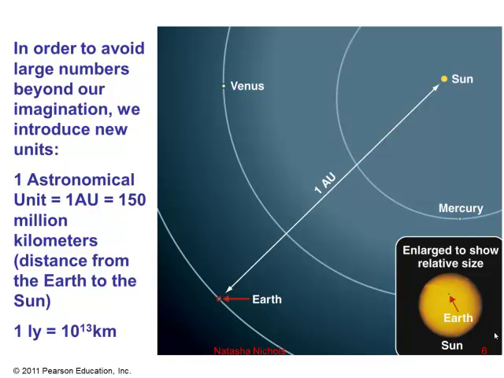So 1 AU is a lot smaller than 1 light year. In fact, that makes sense since it takes light about 8 minutes to reach us from the Sun to the Earth, which is nowhere close to 1 full year. The inset on the bottom right shows the relative size of the Sun and the Earth.